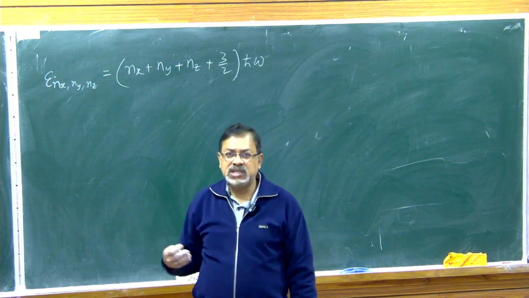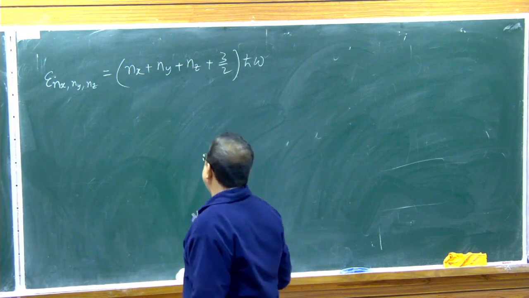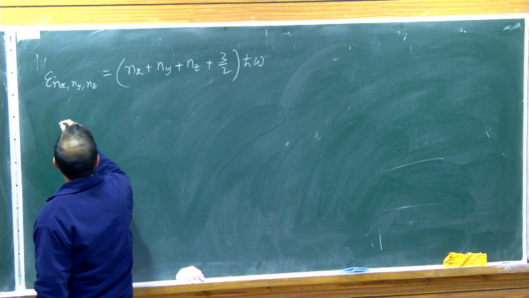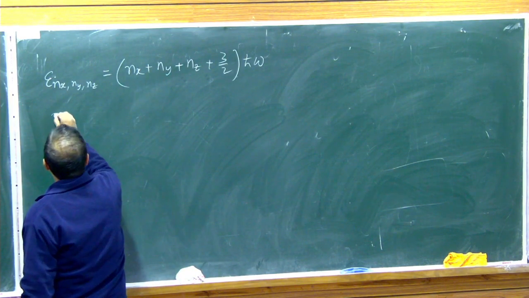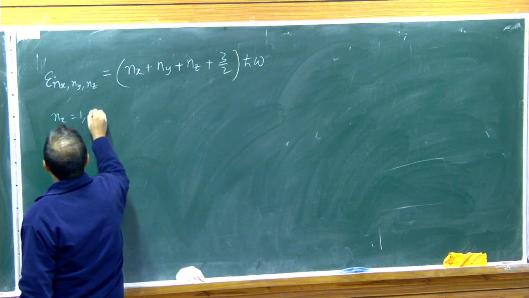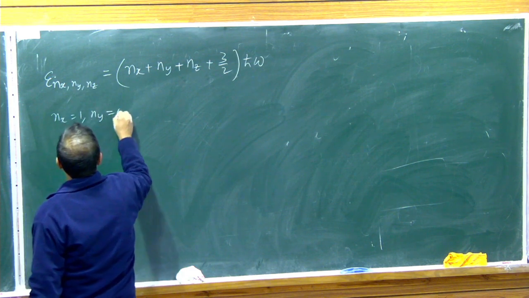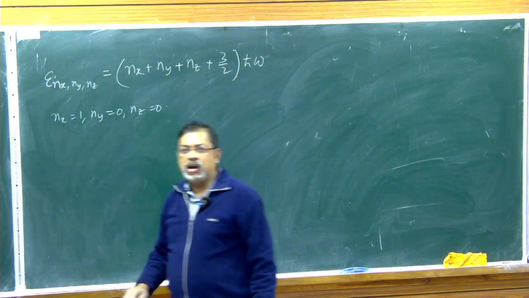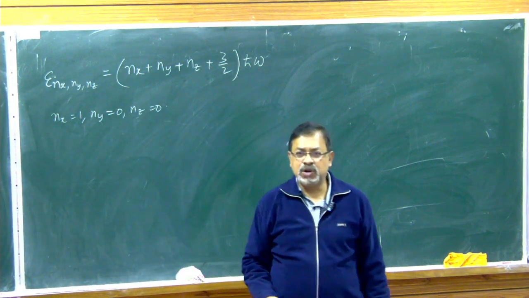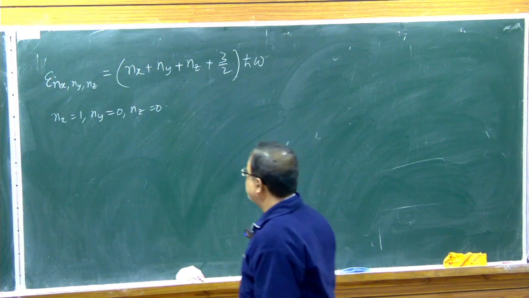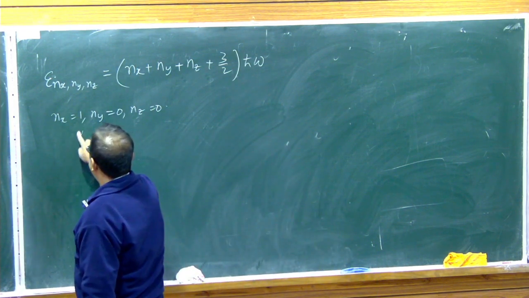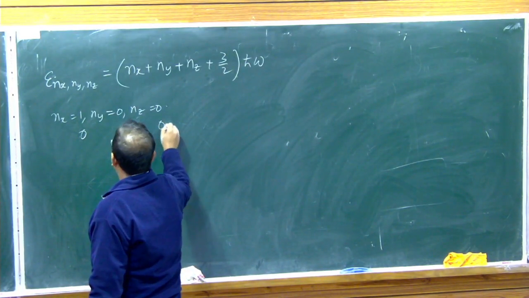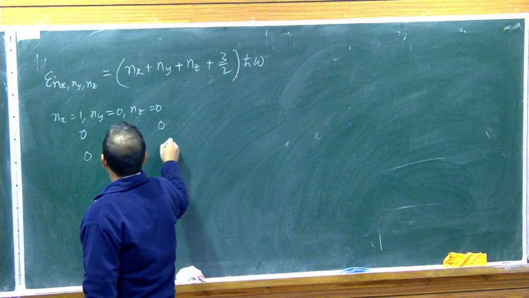And you can understand that the lowest values are 0 0 0, but if I take one of them to be 1, the energy becomes 1 plus 3 half, which is 5 half h cross omega. But this can be done by taking this to be 0, this to be 1, this to be 0, or this to be 0, this to be 0 and this to be 1.